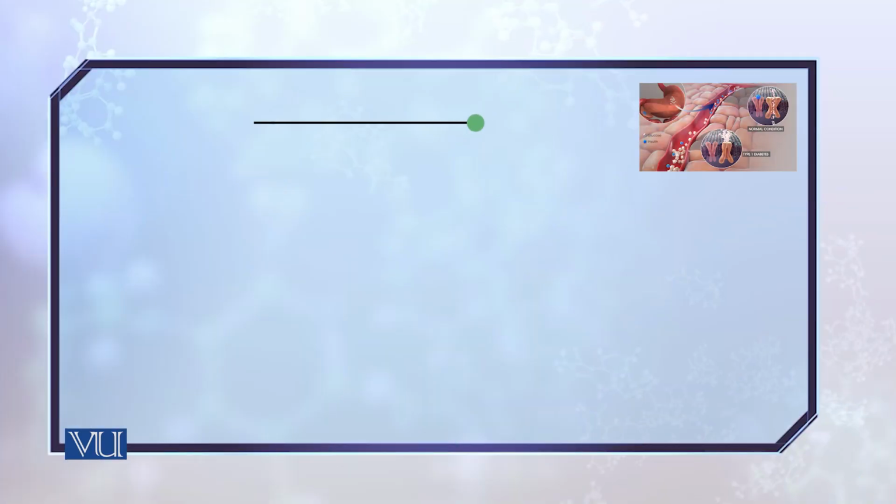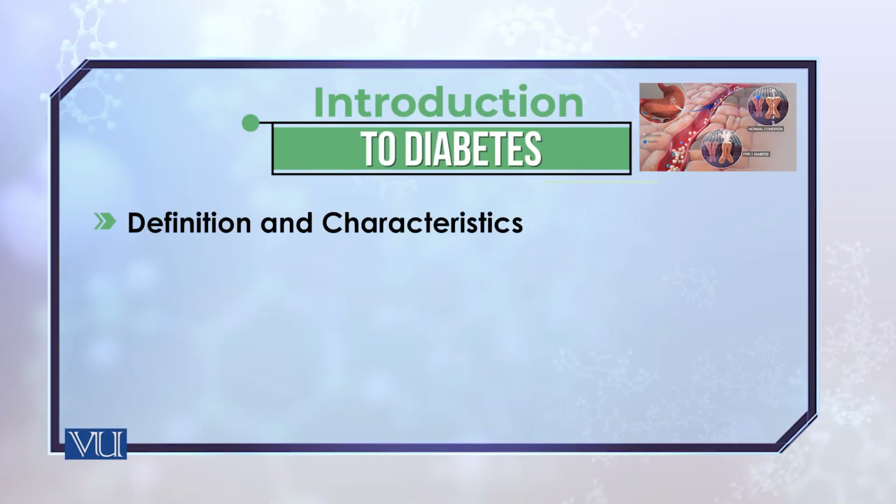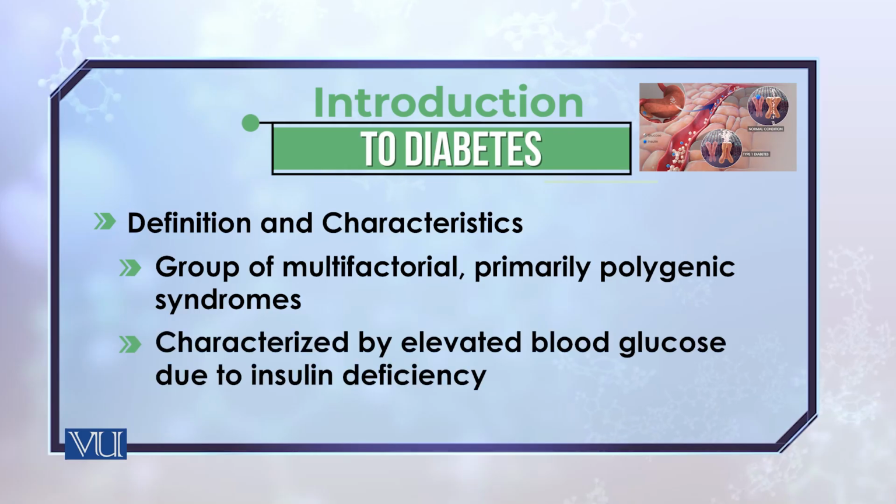And the first in our list is, of course, diabetes. Diabetes is truly considered one of the most challenging medical problems of the modern age. It's a group of many factors which are polygenic. It is not a syndrome which is caused by one gene or two genes.